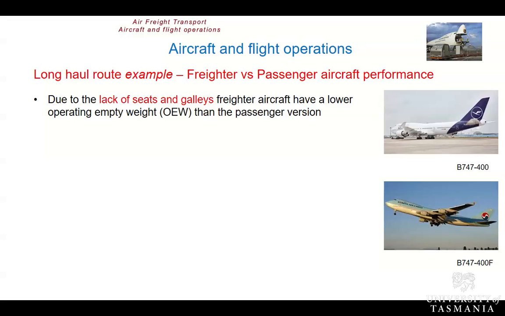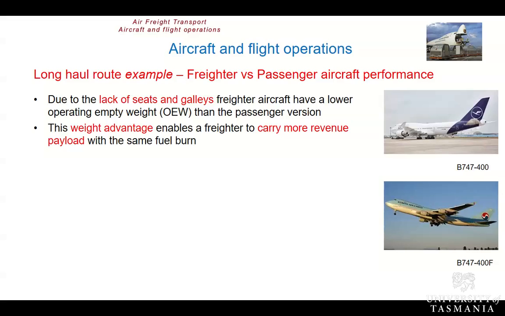Now, what that means is that the operational empty weight, which we were looking at a moment before, is going to be lower in a freighter than it is with a passenger aircraft, which means they have greater opportunity for more payload until they get to that maximum zero fuel weight. So this weight advantage enables the freighter to carry more revenue payload with the same fuel burn.